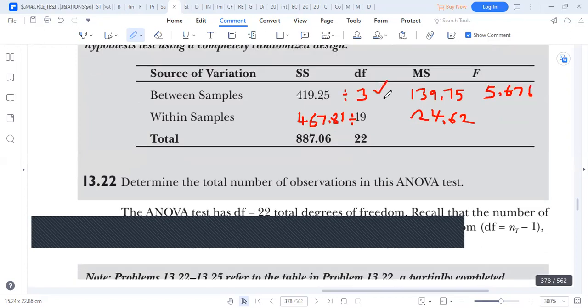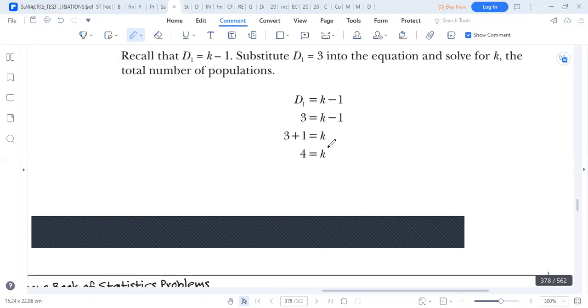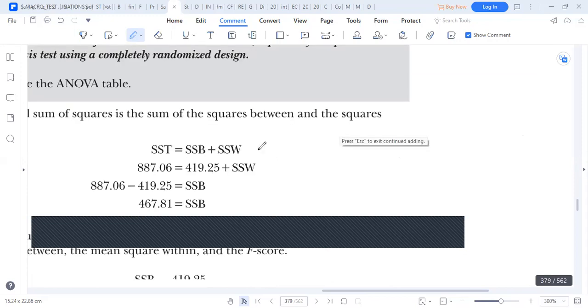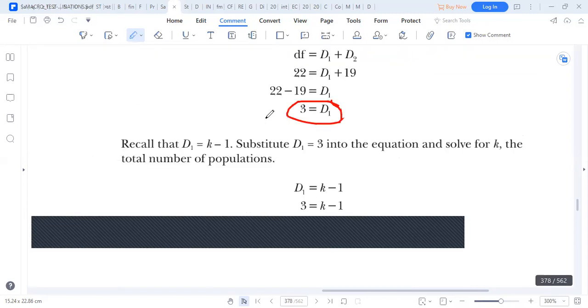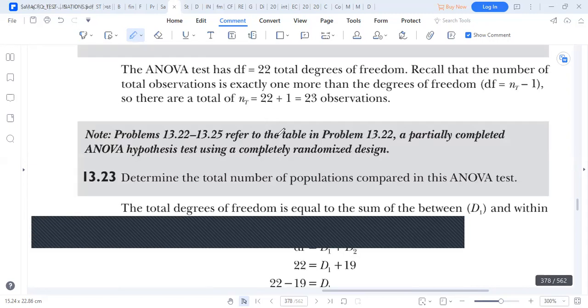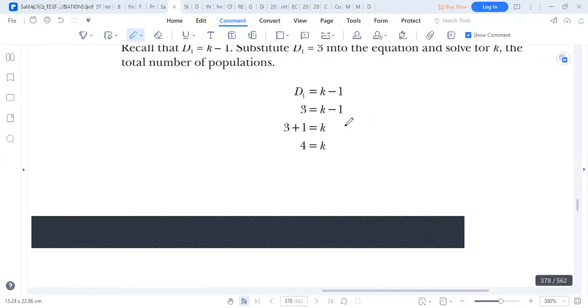Then A is 4, okay. 3. Then sum of squares block, 467.81, correct. Then what else?